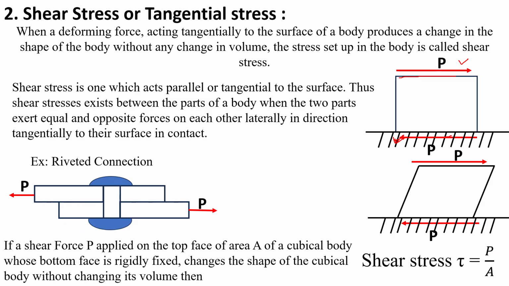Now consider a shear force P applied on the top face of area A of a cubical body whose bottom face is rigidly fixed. It changes the shape of the cubical body without changing its volume. Shear stress, represented by tau, equals P divided by A.